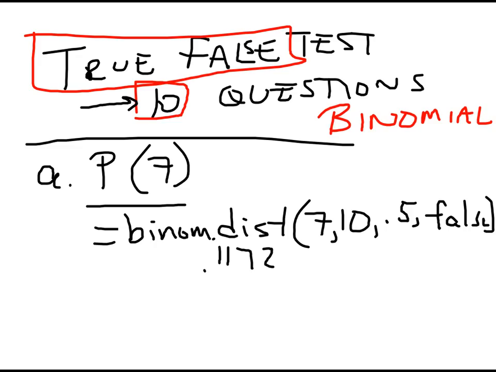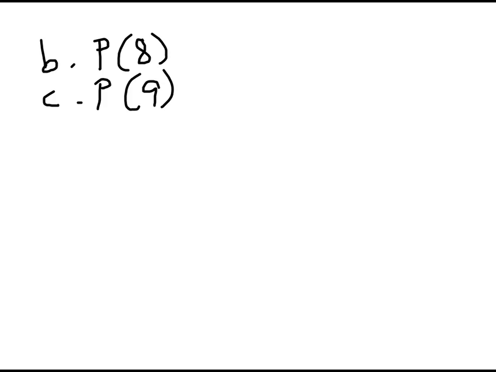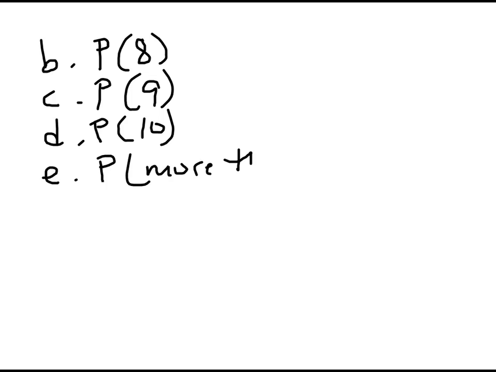Okay, so why don't you take a minute and find out the probability of getting exactly 8 correct, the probability of getting exactly 9 correct, the probability of getting all 10 correct, and then finally the probability of getting more than 6 correct.